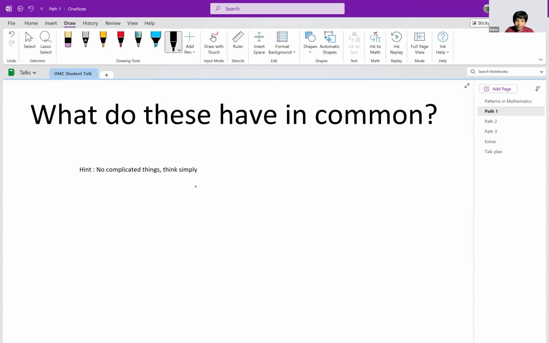Yes. So, we have commutativity of addition in all of these. And we also have associativity, commutativity of multiplication, and associativity.